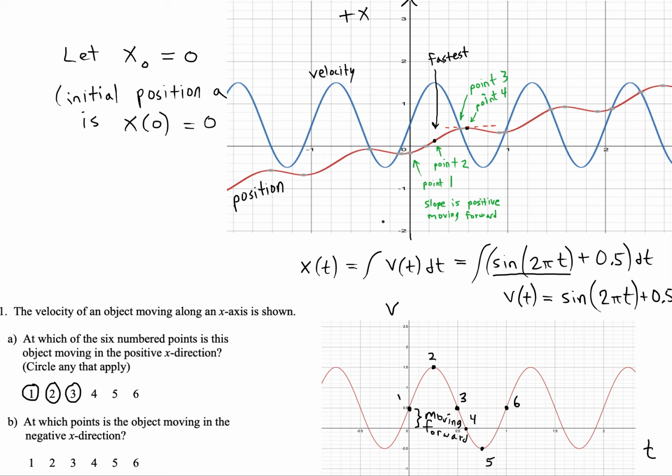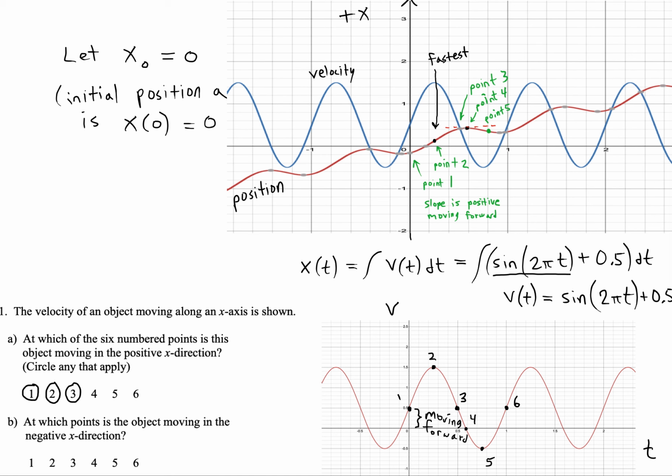And finally, what about point 5? Would point 5 be moving forward or backward? That would be this point here. Here our slope is negative. So our object is actually moving backwards at that time.